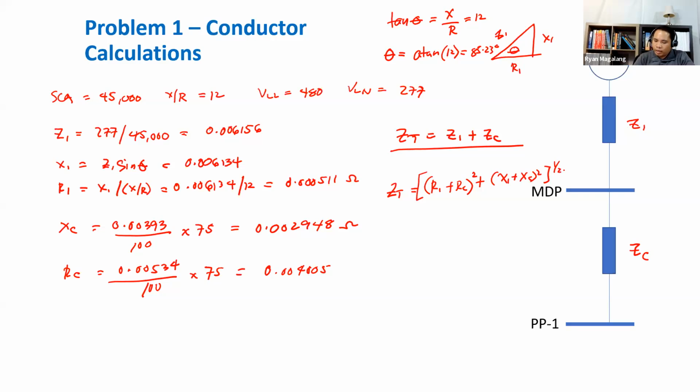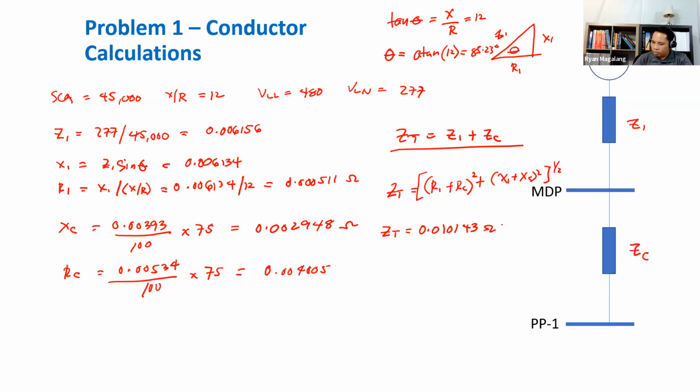So if we do that, now we'll obtain a shortcut so that I don't have to show you every step of the way. Our Z total is going to be 0.010143 ohms.